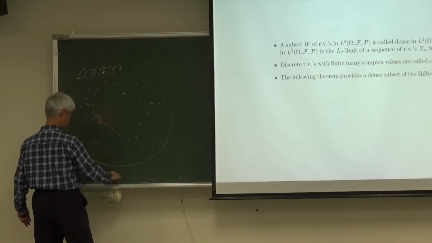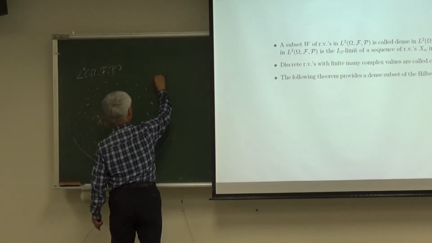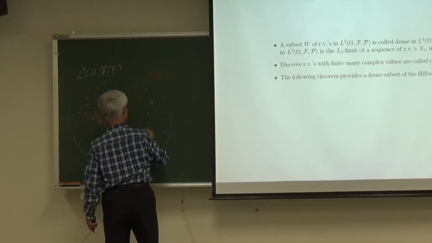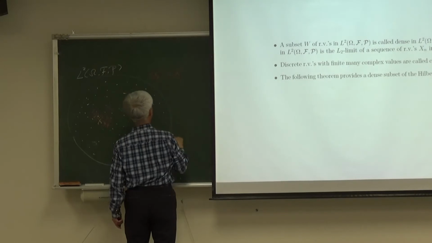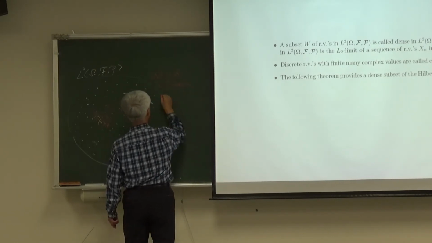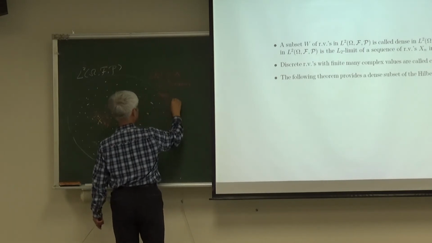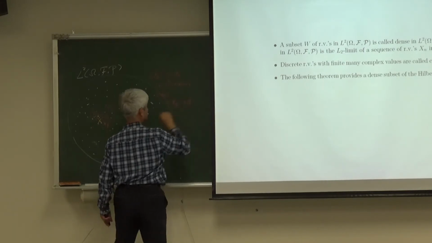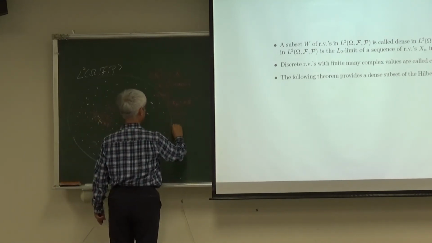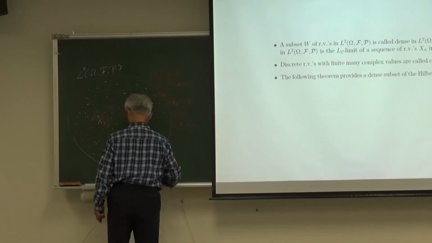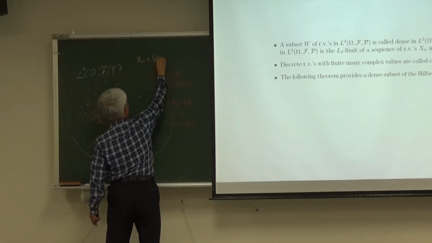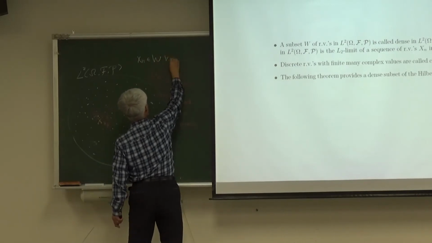So that xn goes to x in the L2 norm. That means the distance between xn and x goes to 0 as n goes to infinity. And the point is that xn are in W for all n.